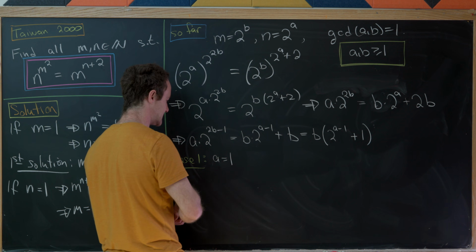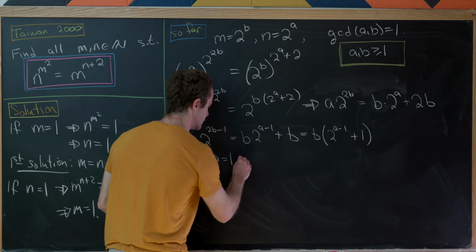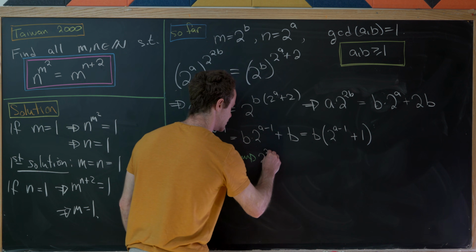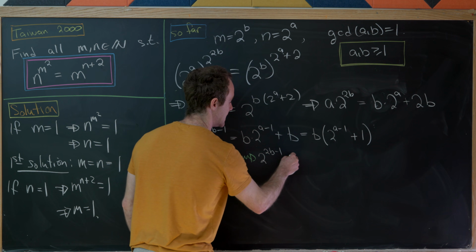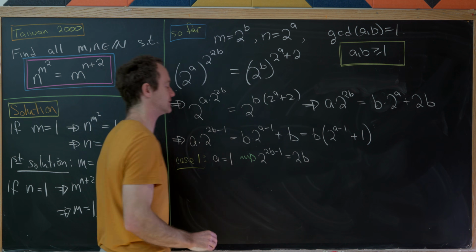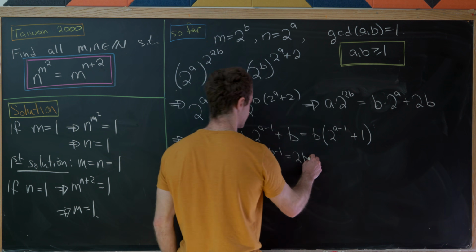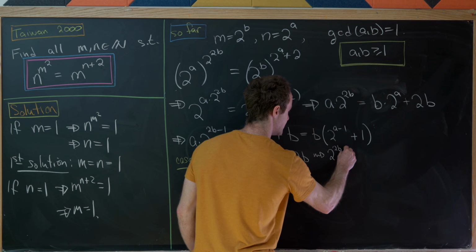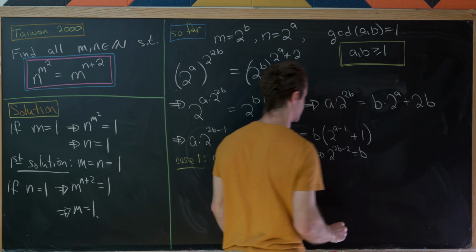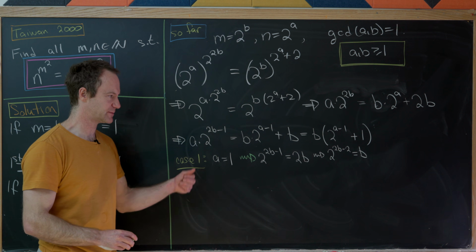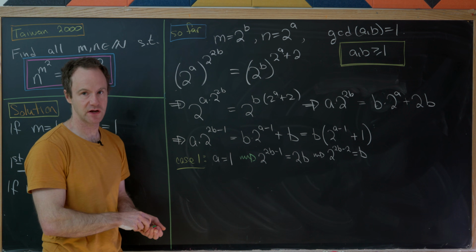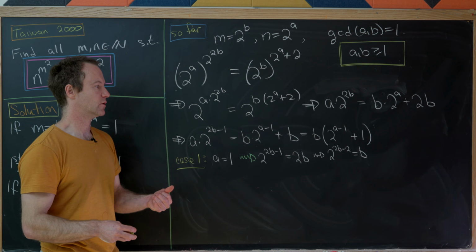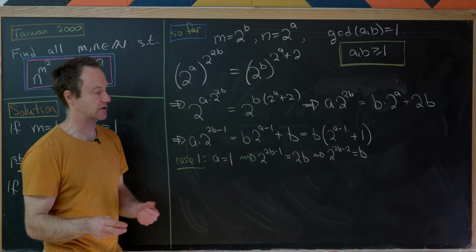Okay, so like I said, let's look at the case when a is equal to 1. But that's going to collapse everything to 2 to the 2b minus 1 equals 2 times b. Okay, but then we can divide by 2 again, and that'll leave us with 2 to the 2b minus 2 is equal to b. But that's an exponential versus polynomial equation, and we know that those will only have solutions in exactly one place where the variable is very small.